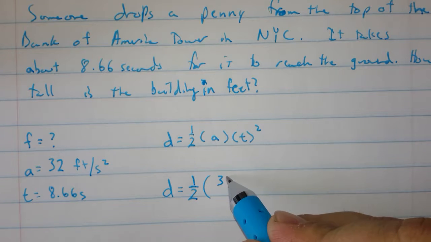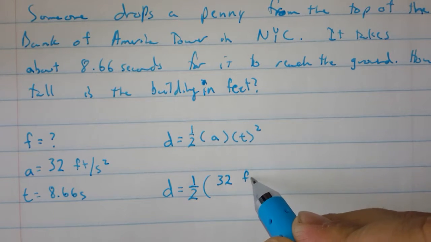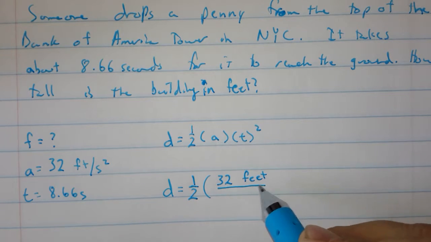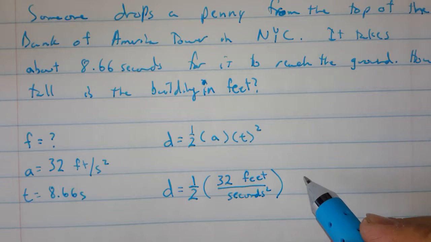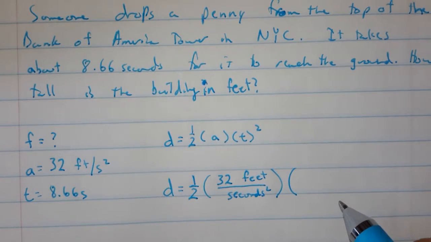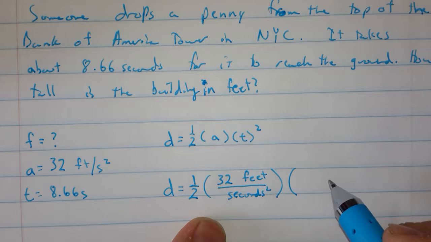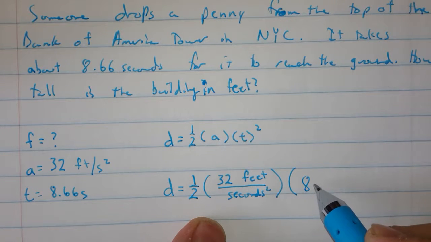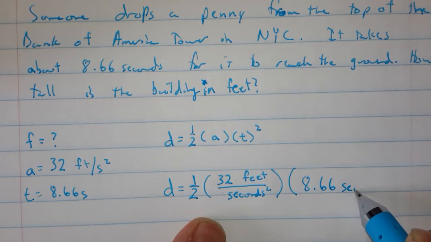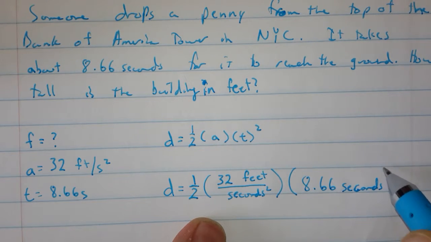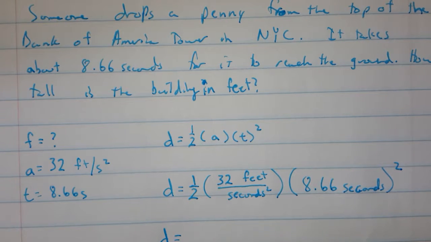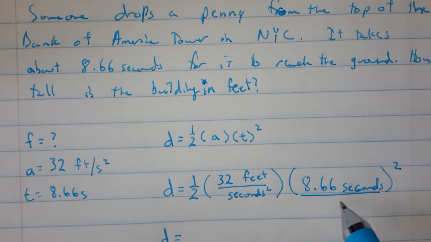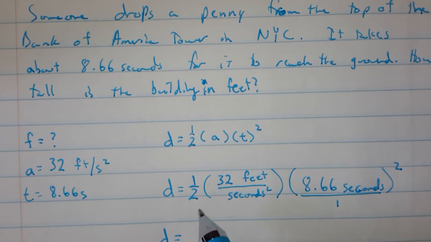It's going to help us understand it a little bit better. 32 feet per second squared, multiplied by the time, which is 8.66 seconds, and that's squared. We can do a little bit of simplification. We can even put this over 1. That might help us out a little bit, kind of like we did last time.